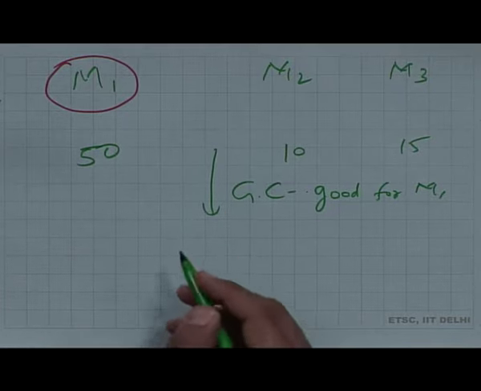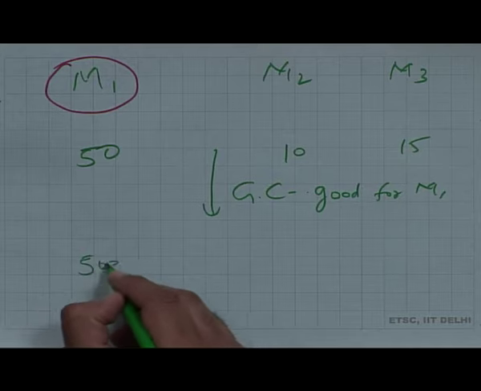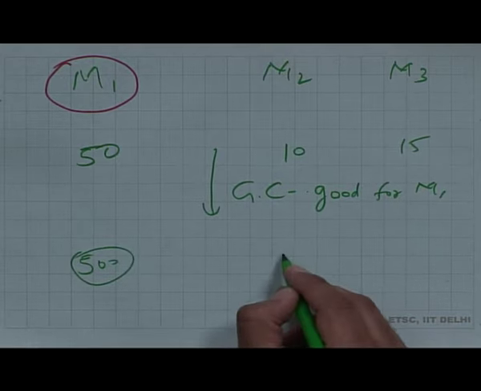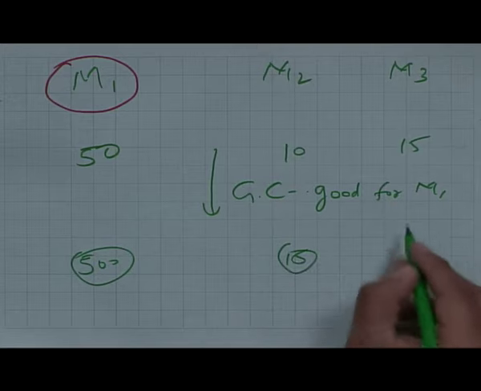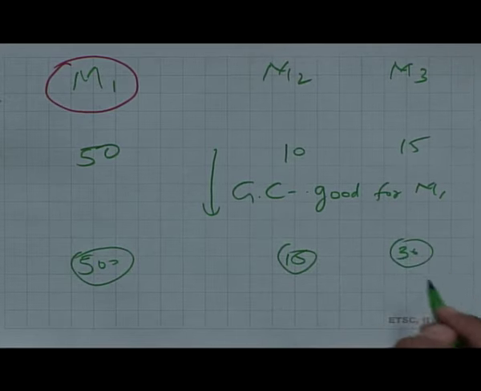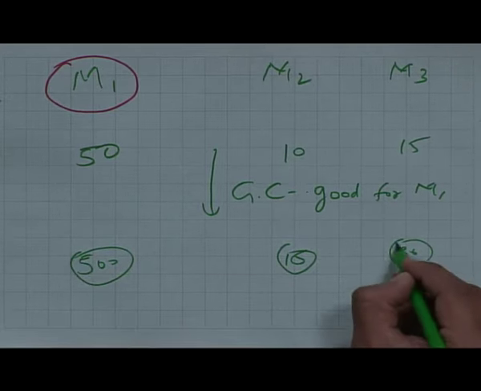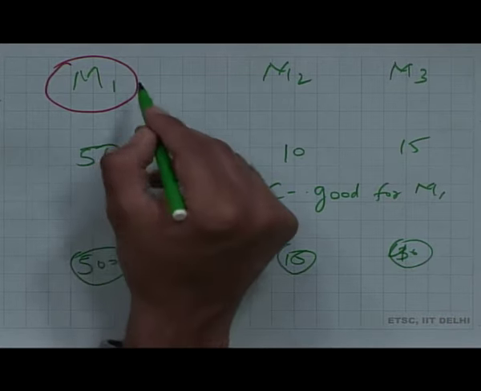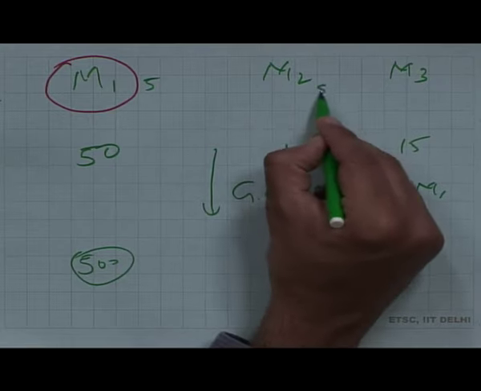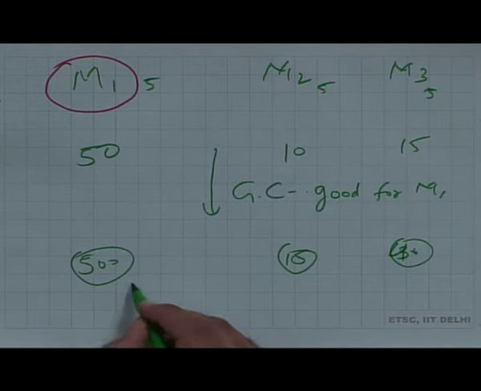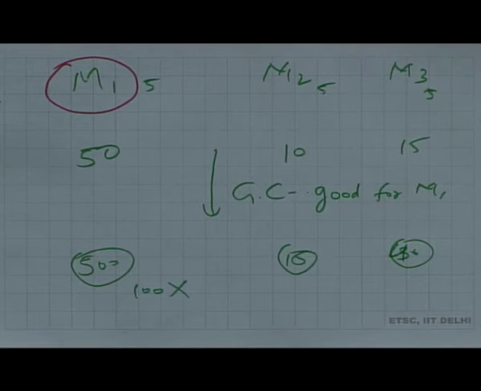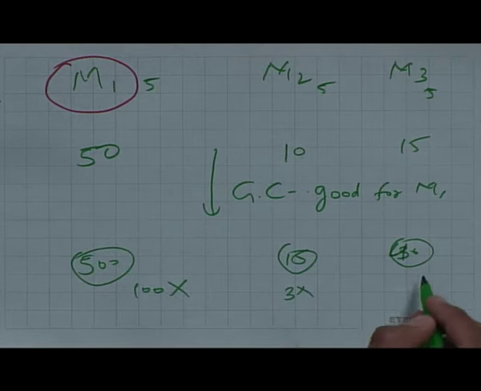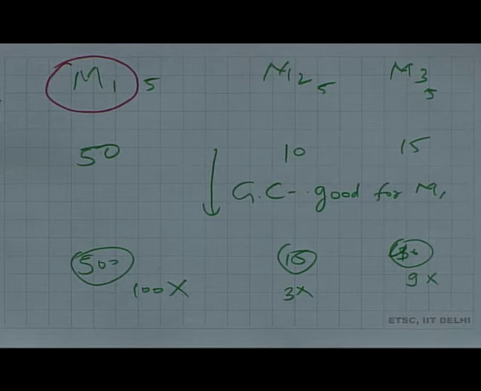Now, after this what will happen is that M1 would become 500. M2 will only become 15 and M3 will only become 30 or 45. Okay. Now, you see that we started initially with 5, 5, 5. M1 has increased 100 times, 100x. M2 has increased only 3x and M3 has increased 9x, right.